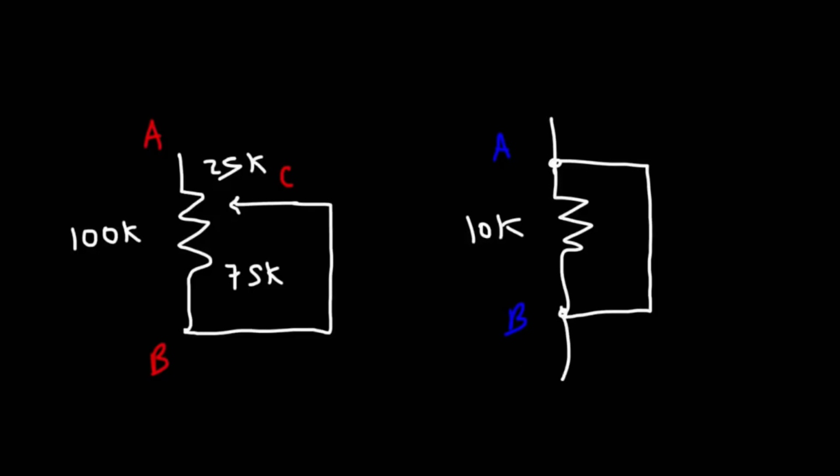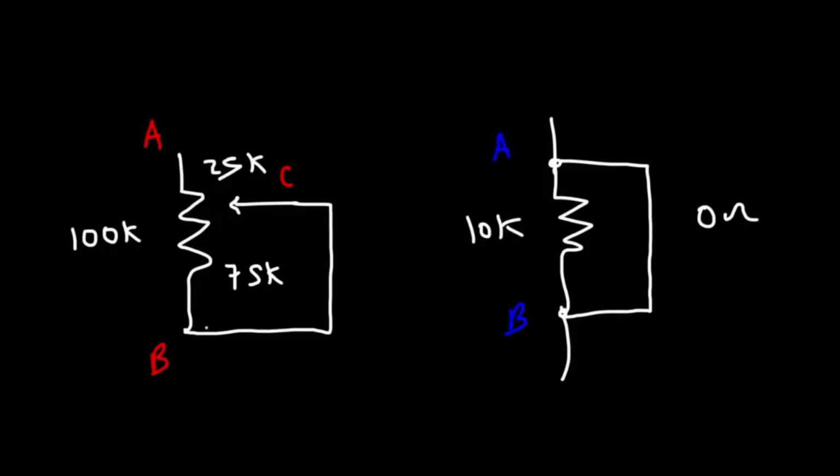Well, when electrons enter this circuit, they don't want to flow through the resistor. They're going to flow through this conductor because there's less resistance. And so the wire bypasses the resistor. The resistance between A and B is now 0 ohms due to the wire that's connected across the resistor.